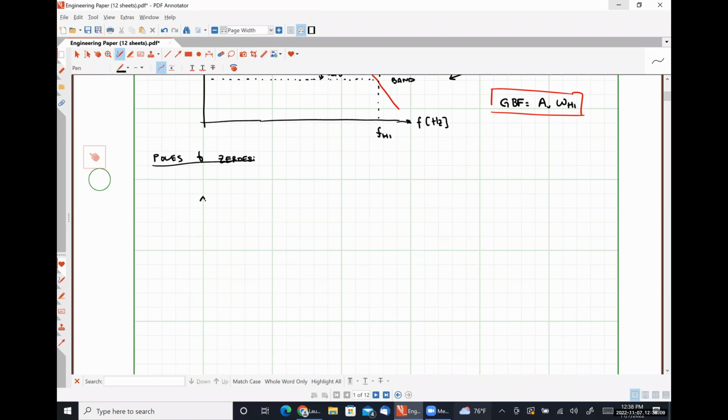So if I have a Bode plot, in hertz, like so. If I have a Bode plot for an integrated circuit, it might look something like this.